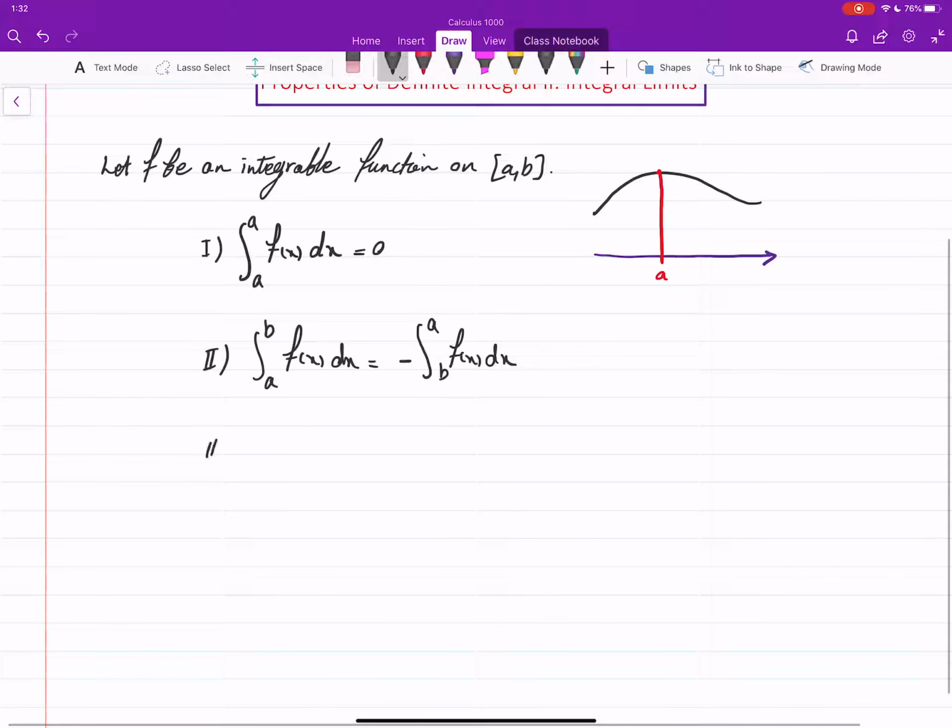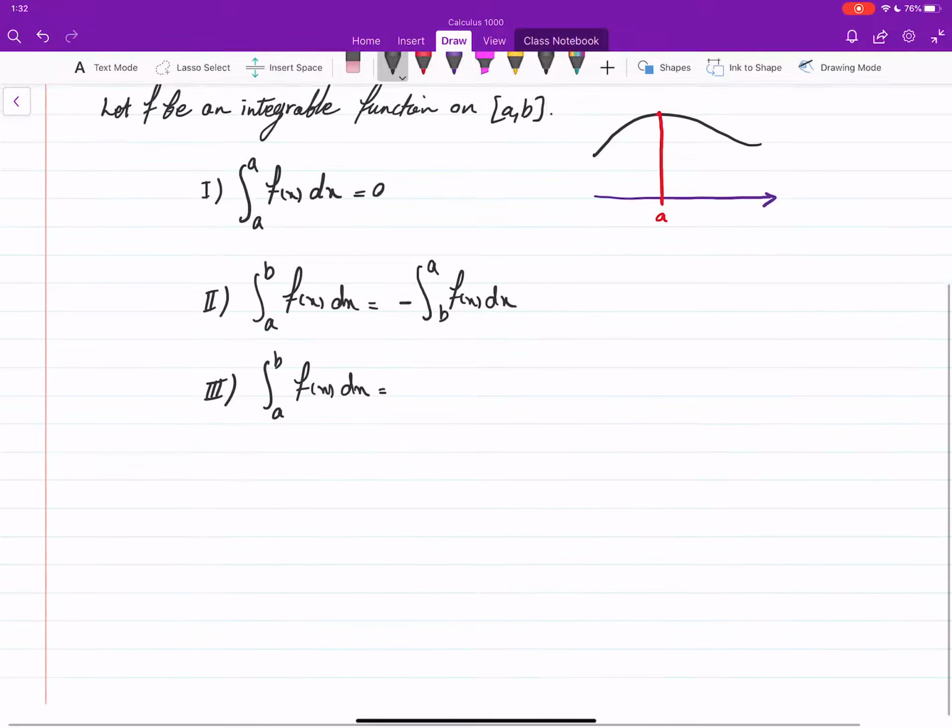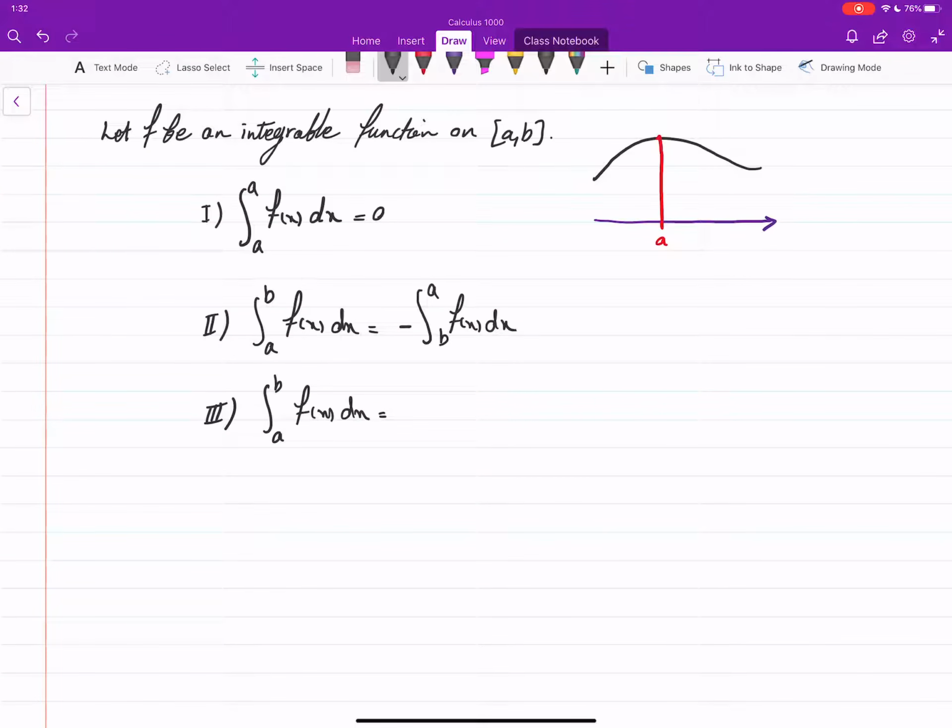And the third property, which is a very important property, is that if you have a function and you're integrating from a to b, let me sketch a graph here. So this is a function. I'm going to make it nice, such that it's just positive, continuous, and you go from a to b.